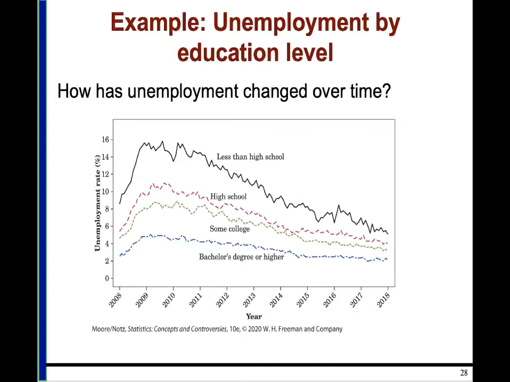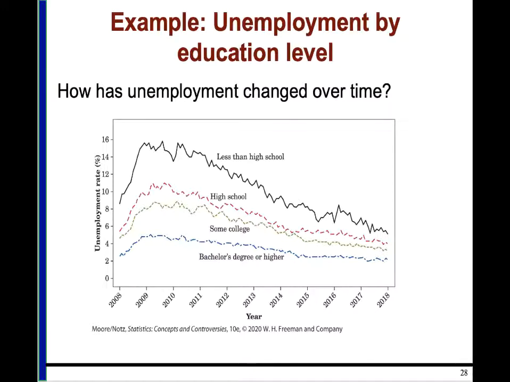And if you remember, that was during the Great Recession in 2008 and 2009. And so we saw a huge jump, but we noticed that the jump was much more significant for people with less than a high school or a high school education versus people with some college or a bachelor's degree or higher. You also saw the unemployment rate drop much quicker for those first three categories, whereas the bachelor's degree or higher stayed a lot more steady and constant over time.